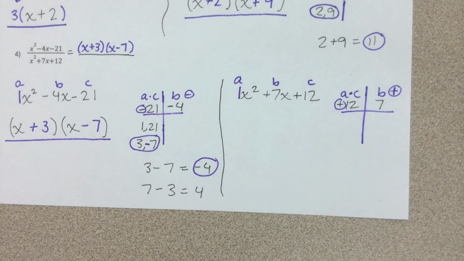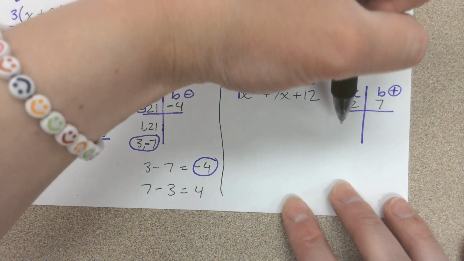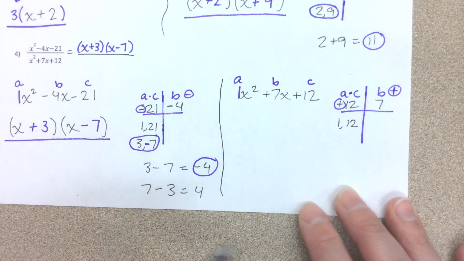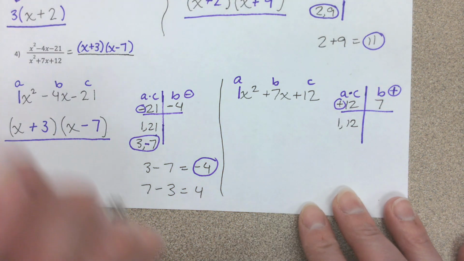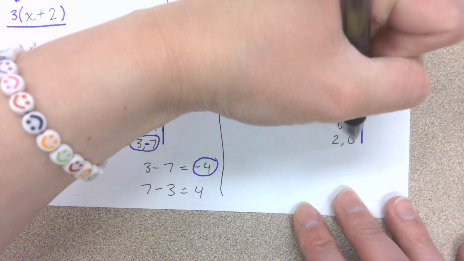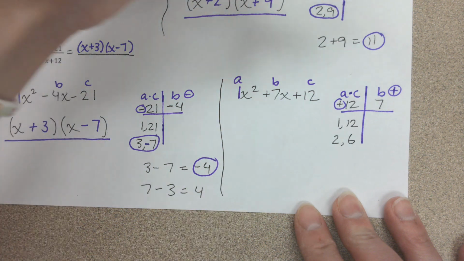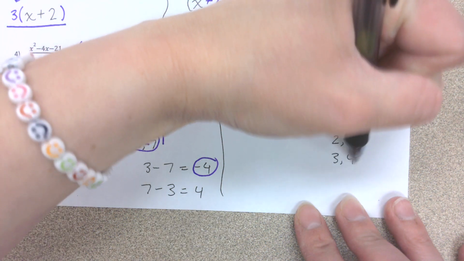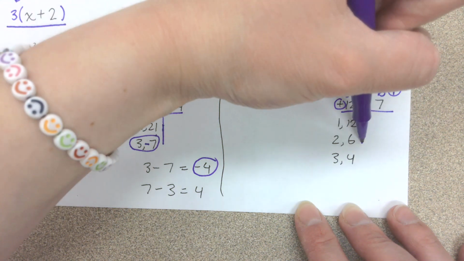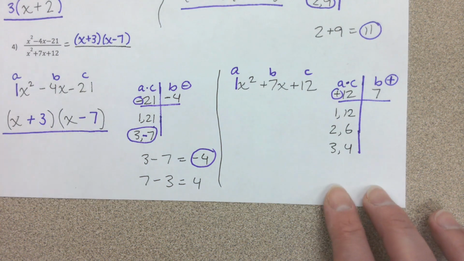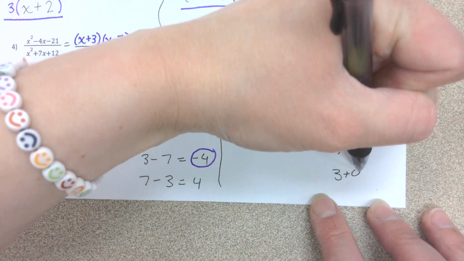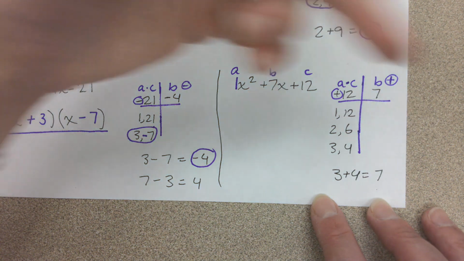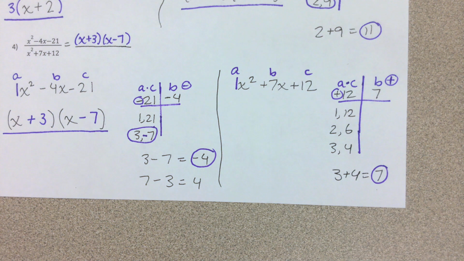12 has 3 pairs of factors. 1 and 12, if I add that, I'll get 13. 2 and 6, if I add that, I'll get 8. 3 and 4, if I add those, I will get 7. 3 plus 4 equals 7. That's what I'm looking for.